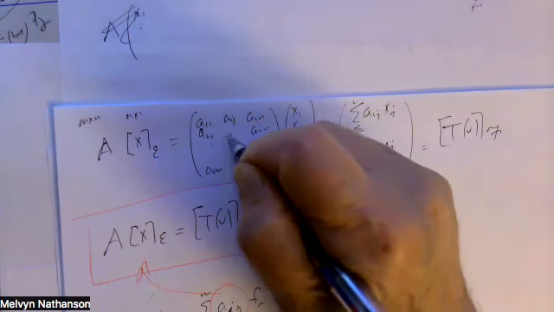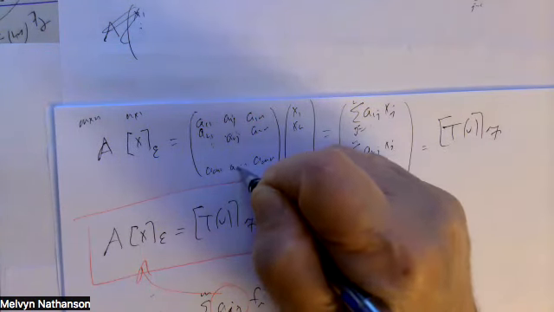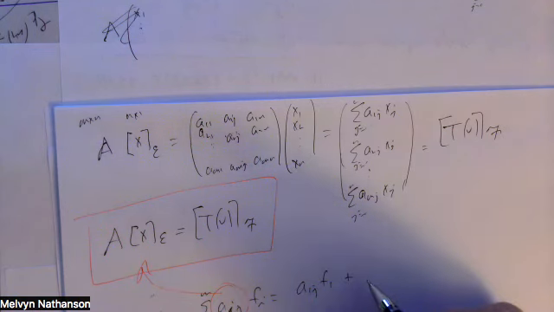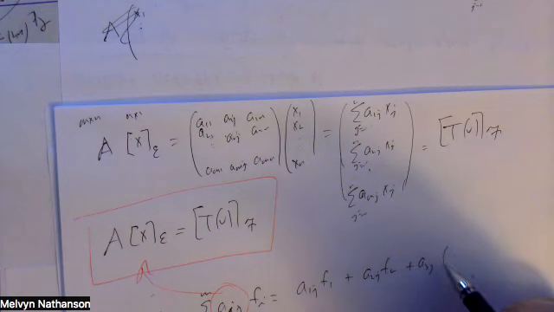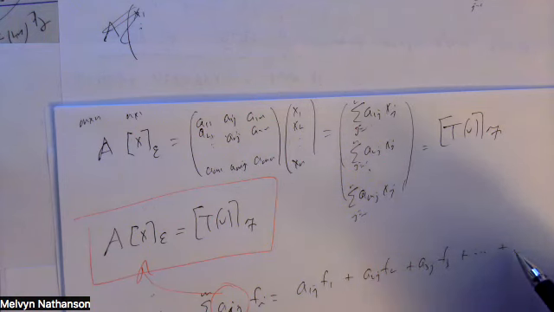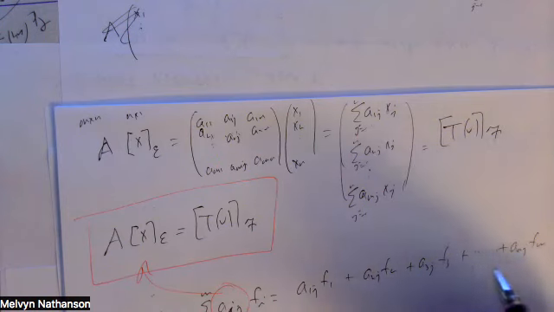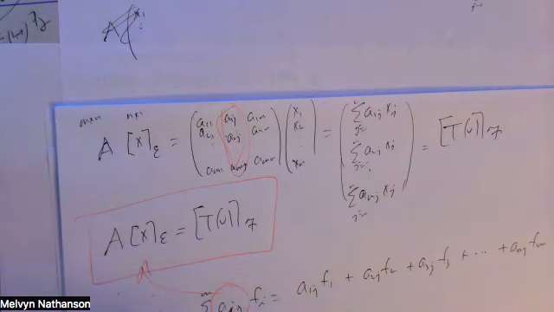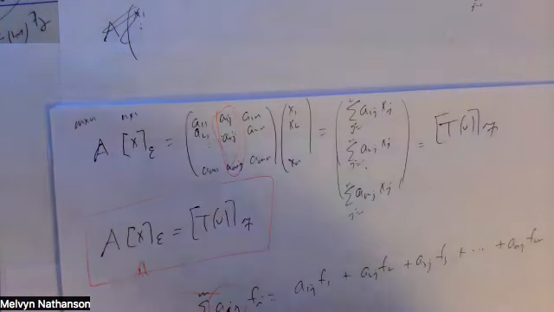I have a1j, a2j, down to amj. Right? This is a1j F1, a2j F2, a3j F3 to amj Fm. The jth column of the matrix is the coordinate vector for T of Ej.